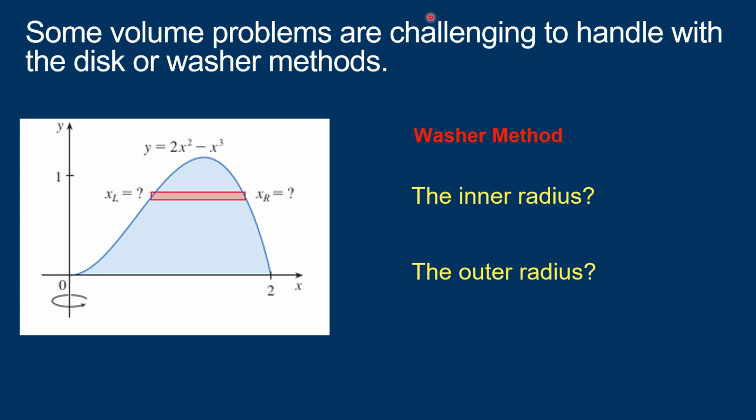In other words, you have to solve for x. y equals 2x squared minus x cubed, but it's not easy to solve for x with this function. So that's why I'm going to introduce a new method, because the washer method has a limitation for this problem.